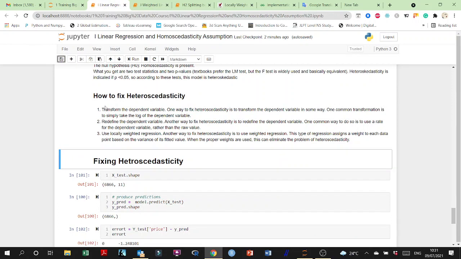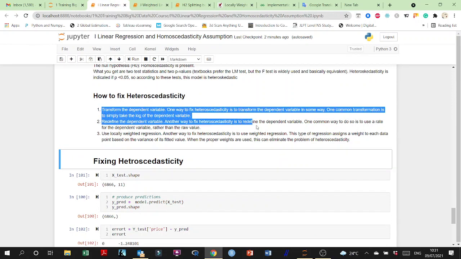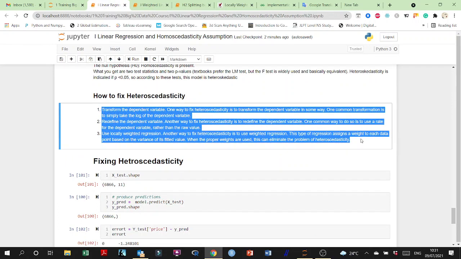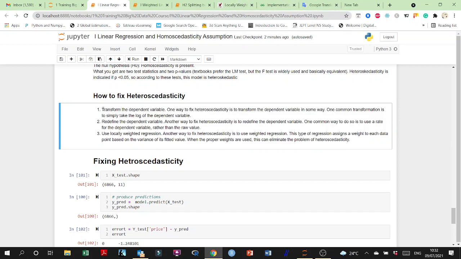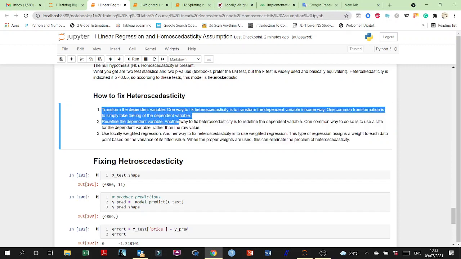In any way, I hope that today you were able to widen your horizon and understand that linear regression is more than just the R squared or the adjusted R squared. You need to test the assumptions of linear regression, and there are ways to overcome heteroskedasticity.